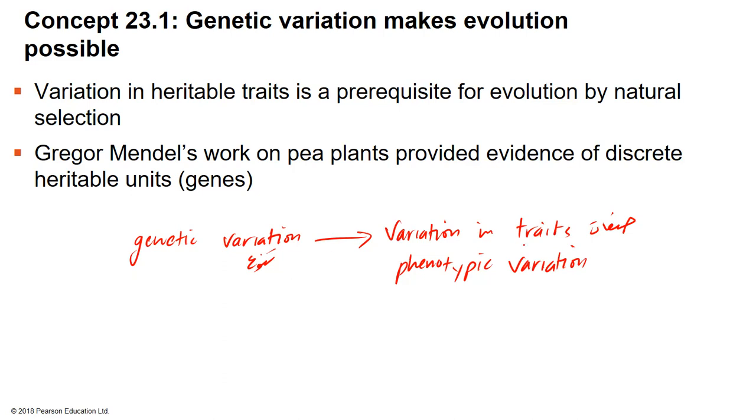So genetic variation, or the genotype, causes the phenotype. A genetic variation causes phenotypic variation. But remember that the phenotype is not only determined by the genes or the genotype. It is also determined by what? What other factors contribute to the phenotype or to the final trait?